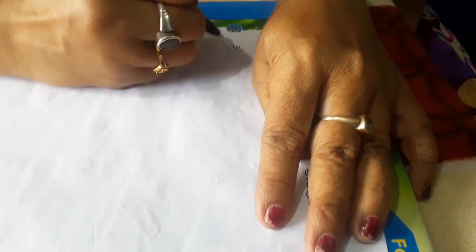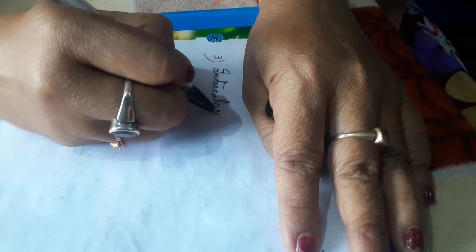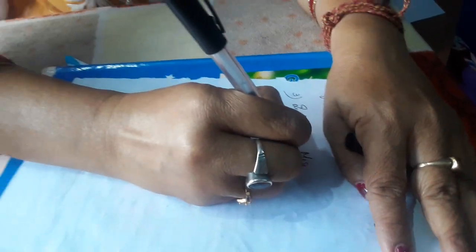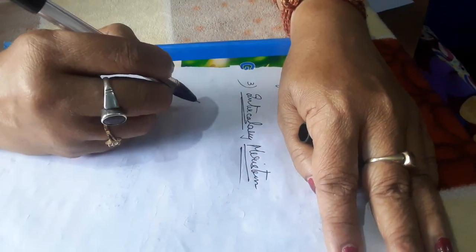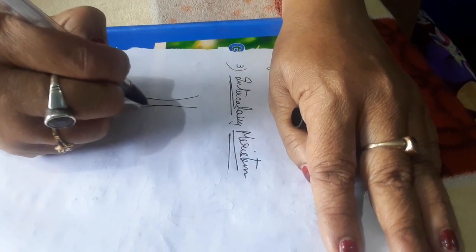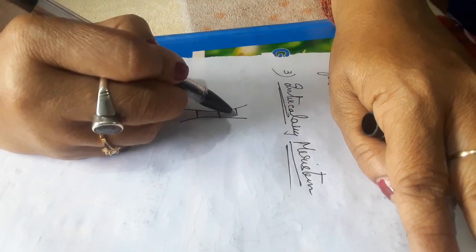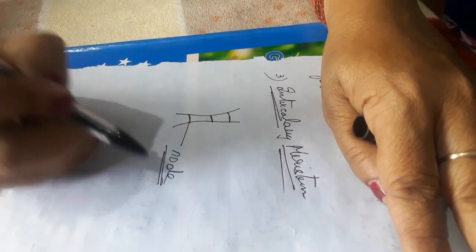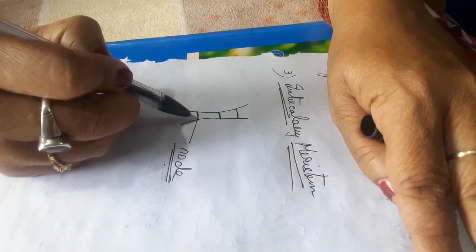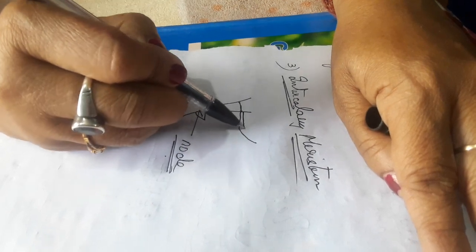The third type of meristem is intercalary meristem. Now, what do we mean by intercalary meristem? You have observed that in most plants, nodes are present. What do we mean by node? It is the region from where a new leaf or a branch develops.